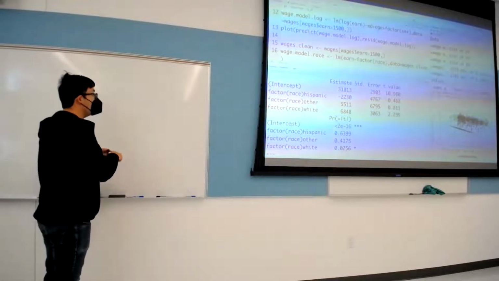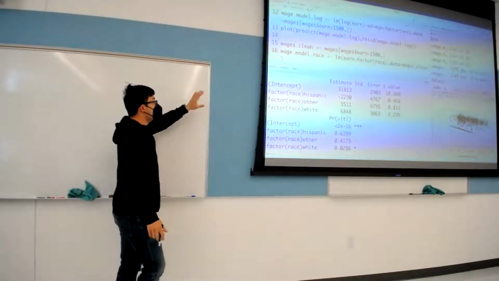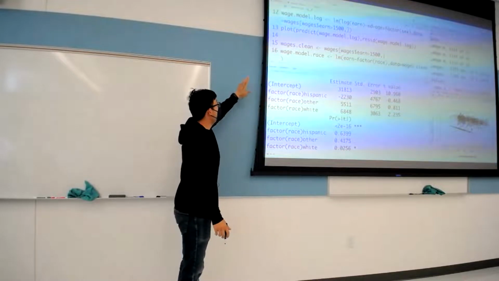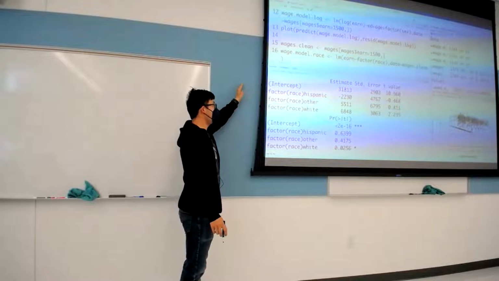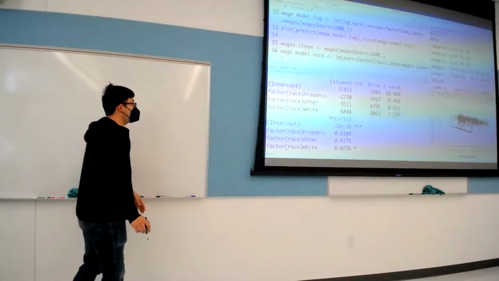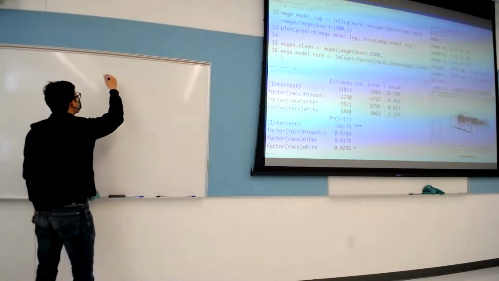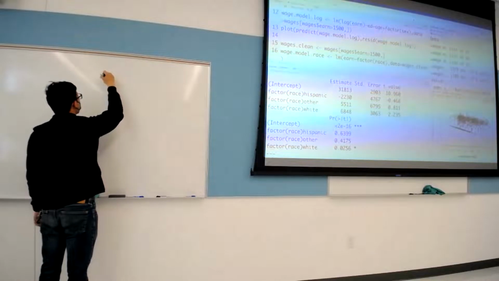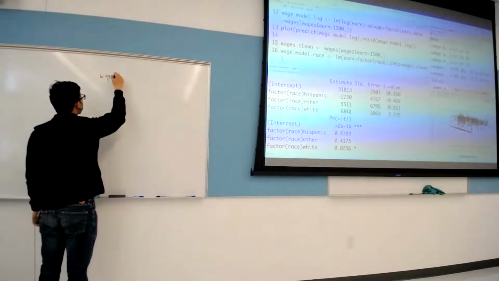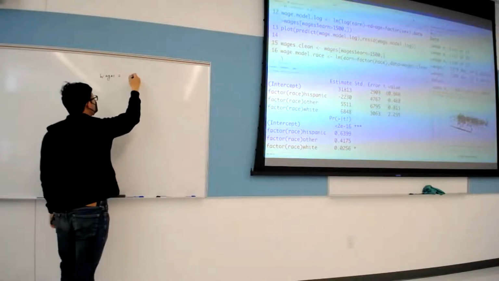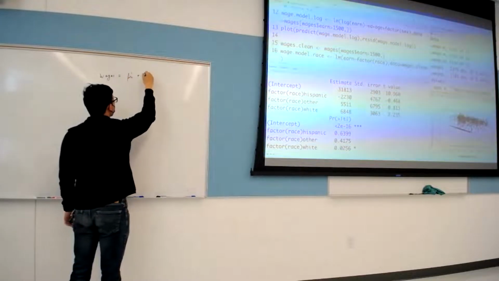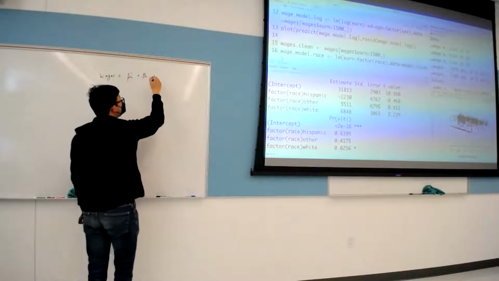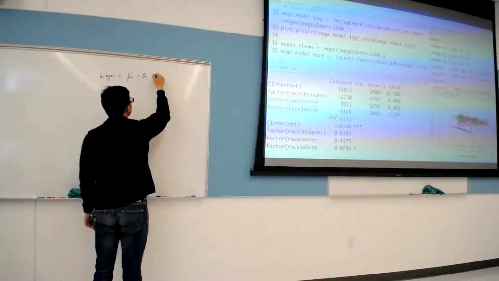Now I have a new model for wages where I'm regressing wages only on our race categorical variable. So it will look something like this: wages is equal to beta 0, our intercept, plus beta 1 times race.